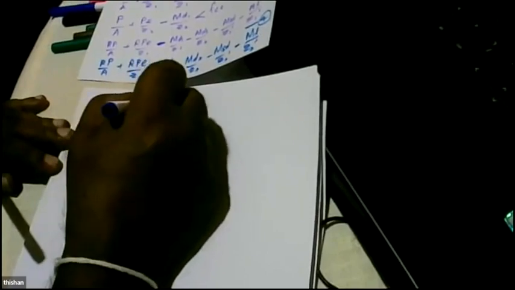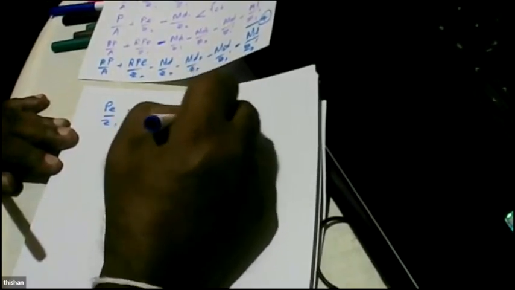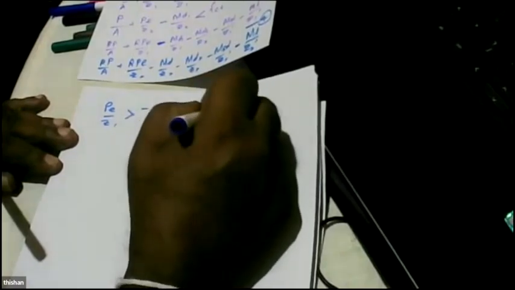To draw the Magnel diagram, we have to convert it to the form that is P e over Z1 should be greater than minus P over A plus MD1 over Z1 plus FTT.